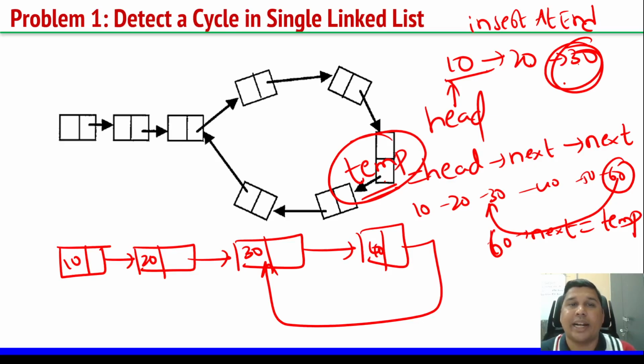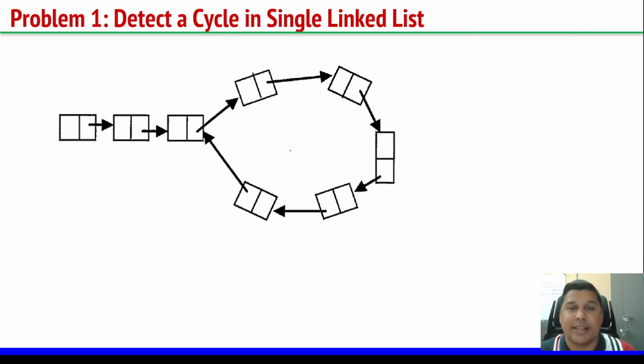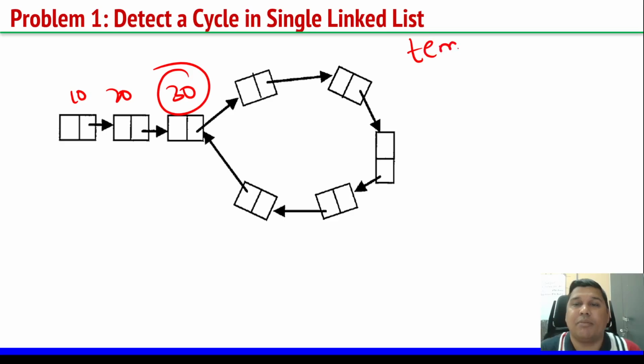Now, how do we detect a cycle in the single linked list? This is one important question. Let us see the solution for this. I hope you understood how to create this list. Creation is very easy. You insert some elements like this and you hold the address in a temporary variable.